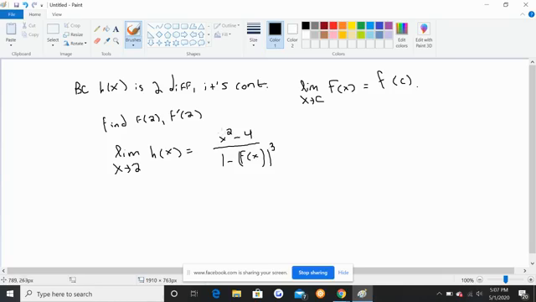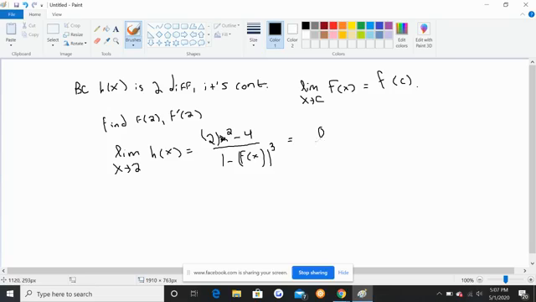If we plug in 2 instead of x, then we see that this is going to equal 0, right?